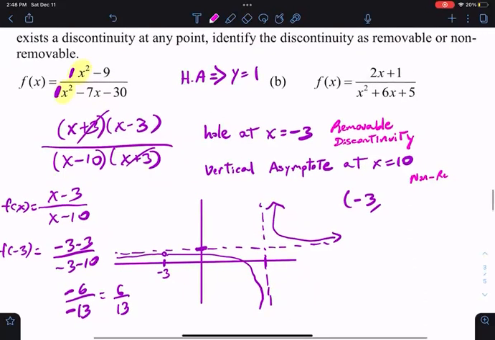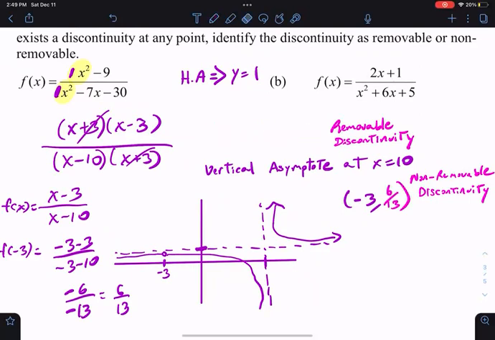And if you see a jump, it's also non-removable. Okay, so the coordinates, or the ordered pair, for the hole is -3, 6 over 13. If you want to state where the hole is, the hole is here, right? That's the coordinate of the hole.